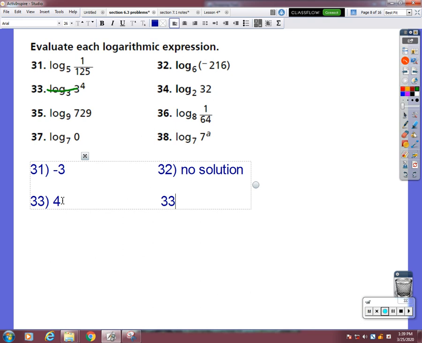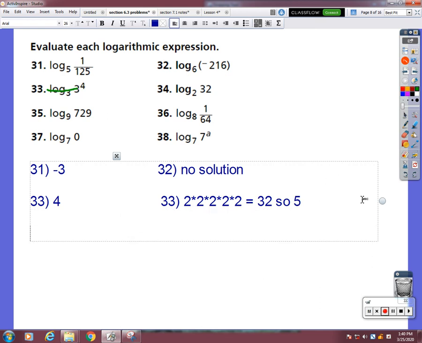Okay, next one, 33. 2 to the what power is 32? Well, 2 times 2 is 4, times 2 is 8, times 2 is 16, times 2 is 32. So that means it's 2 to the 5th, so the answer to that one is 5. 34.